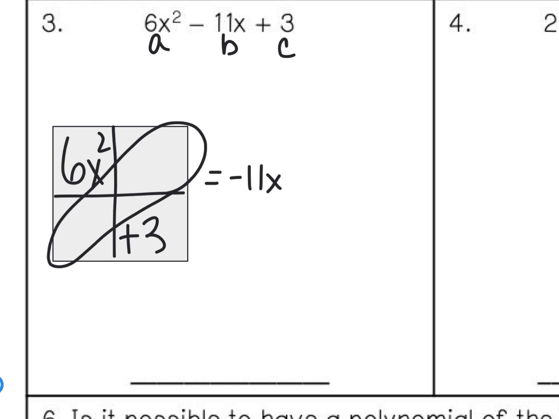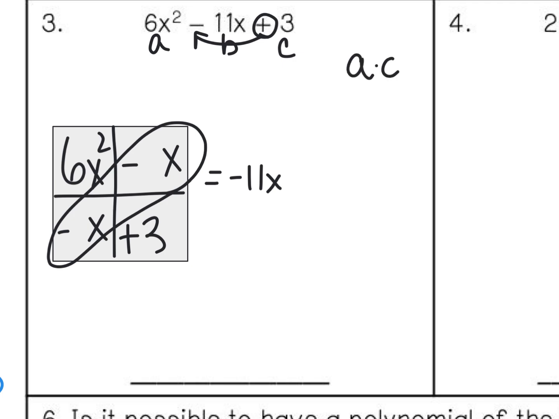So pay attention to your signs. C is positive. Are the signs going to be the same or different? How do we get a positive when we multiply? Negative times a negative or a positive times a positive, and B is negative. So this is going to be a negative something x and a negative something x. Step 3 says A times C. What's A?